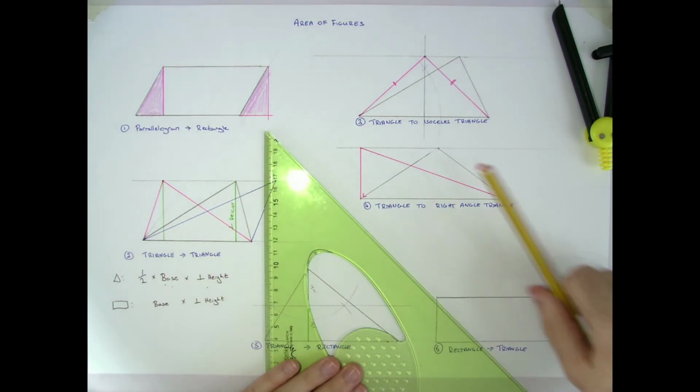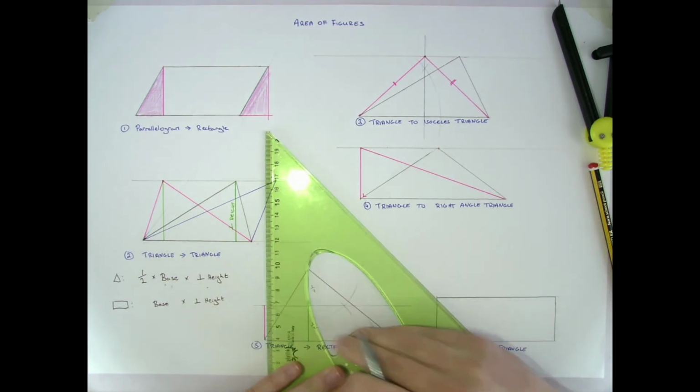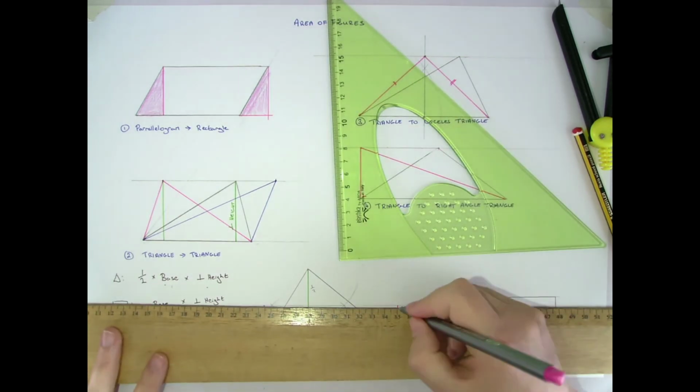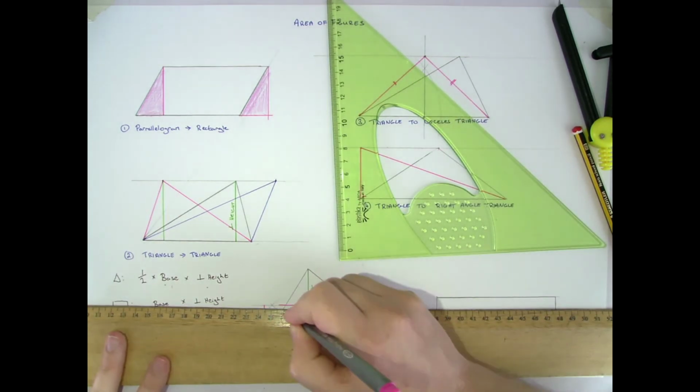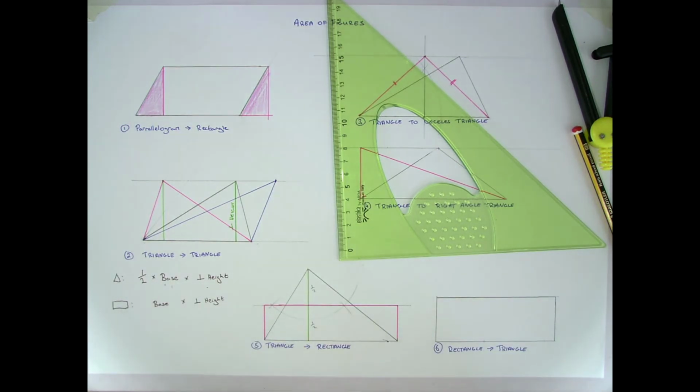So my rectangle that I'm looking for, keeping the base the same, I've halved the height, and this pink area here now is a rectangle equal in area. So this rectangle is equal in area to the triangle, because half the height times the base times the perpendicular is going to give me my solution.